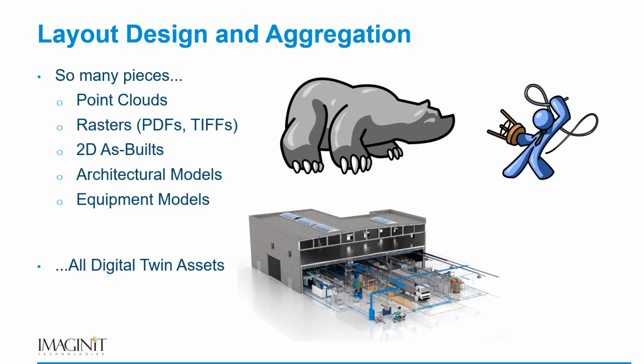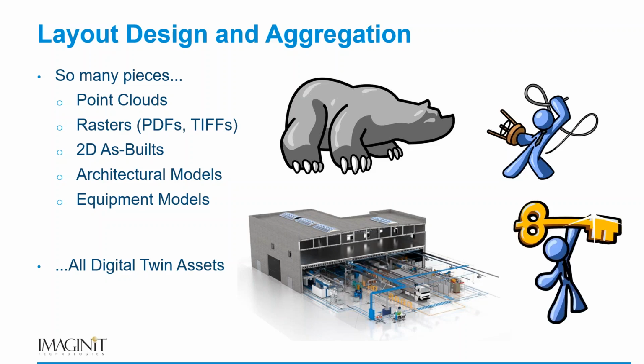You can imagine that this building here without all these assets in it wouldn't really mean much. So once you understand your assets, and the digital twin nature of layout design and why it's so important, you really start getting the keys to unlocking a digital twin.